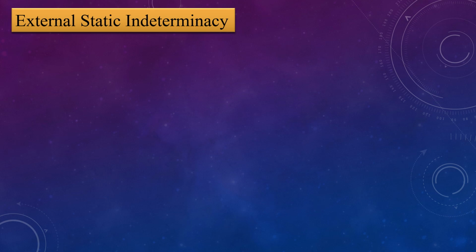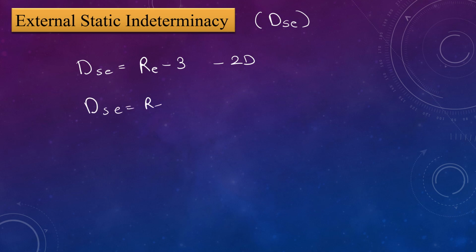First, external static indeterminacy is represented as DSE. The formula for DSE is DSE equal to RE minus 3 for 2D structure and DSE equal to RE minus 6 for 3D structure. Here RE is the total number of unknown reactions.